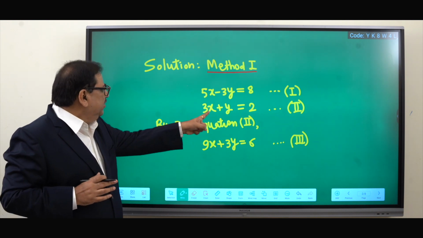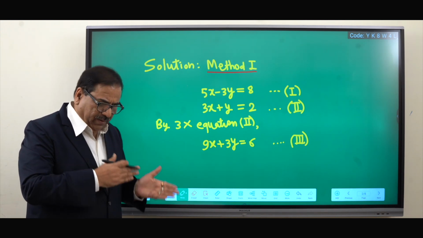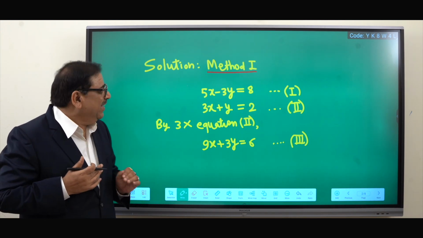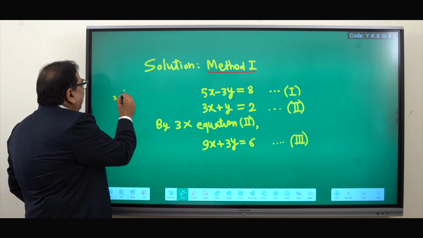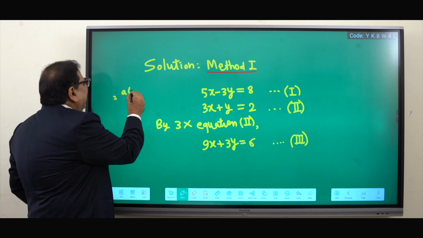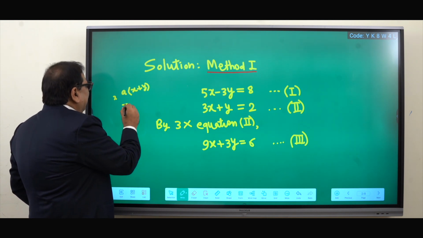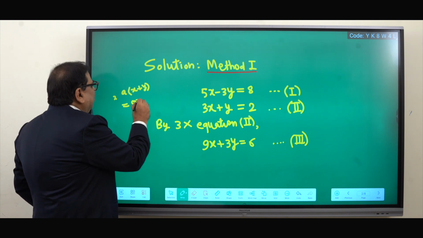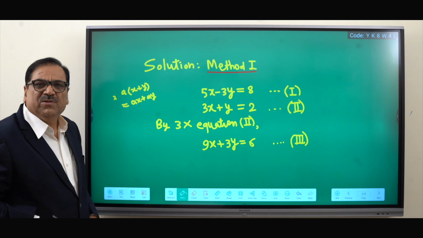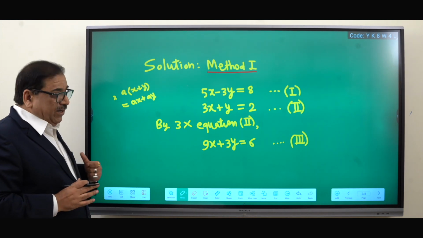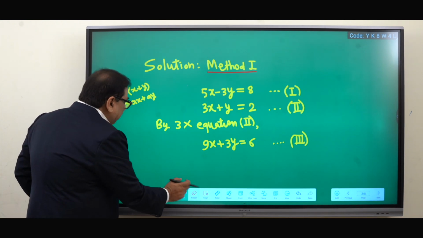So (3x plus y) into 3 means 3 into 3x plus 3 into y. Remember this: for example, a into (x plus y) has the product ax plus ay, because we multiplied x and y by a.